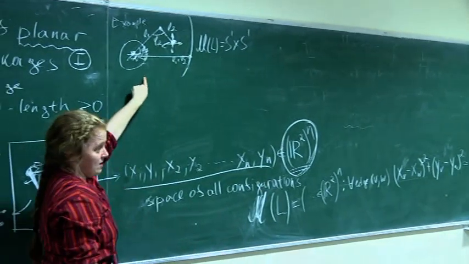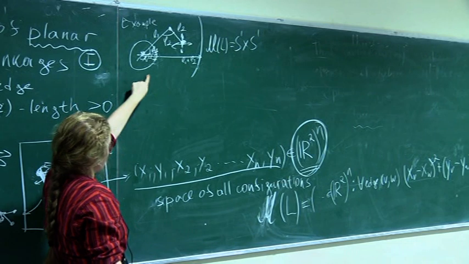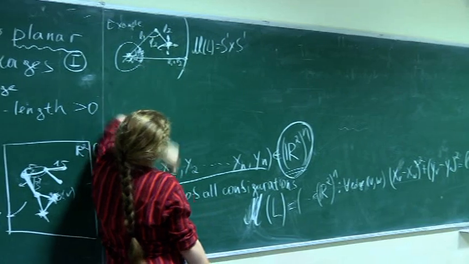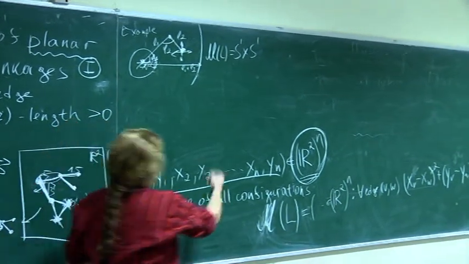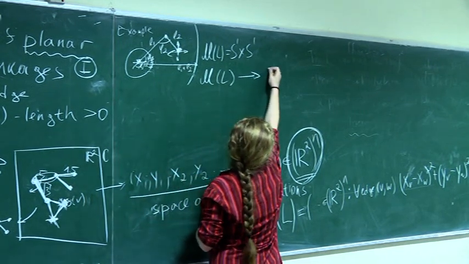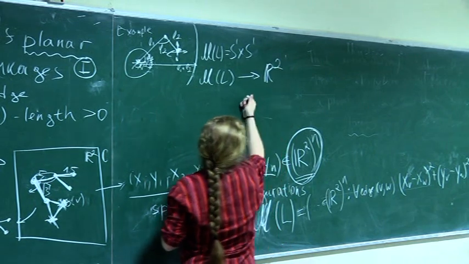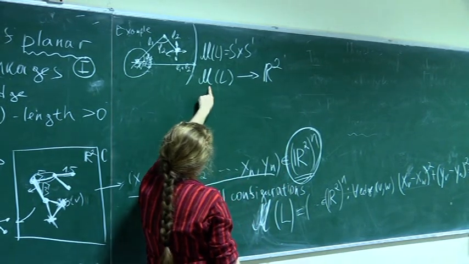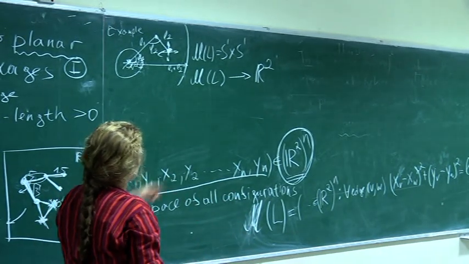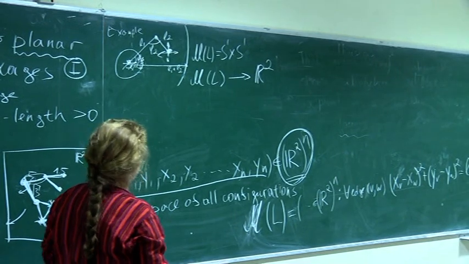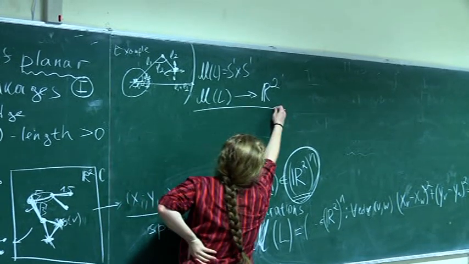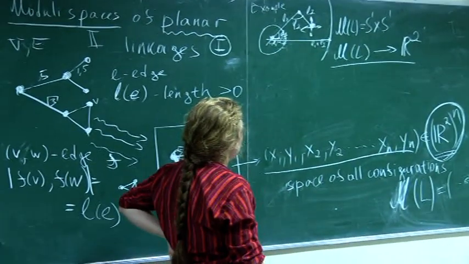And here we have, for every configuration here, we have one position of this vertex here on the plane. And so for every configuration, we have a map from configuration space to, no, in plane, not onto. This is, yeah, this is wrong. How does this map look like?